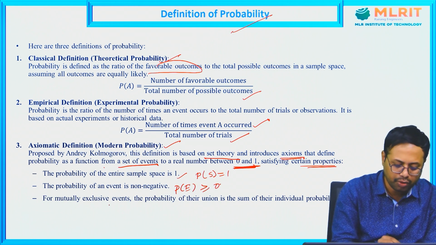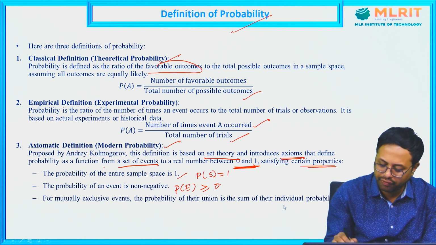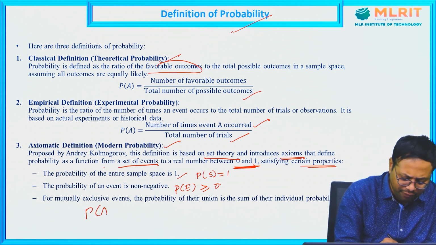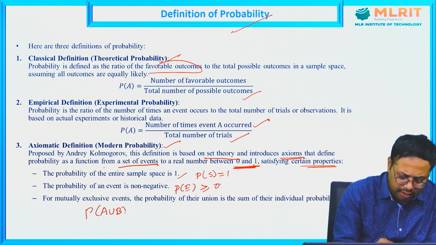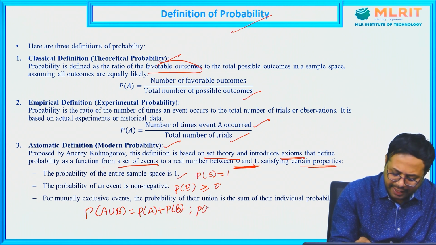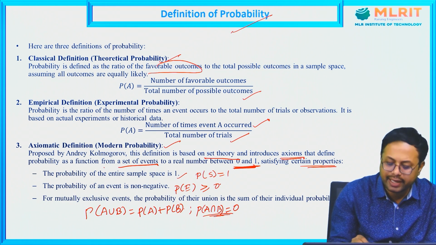Next, for mutually exclusive events, the probability of their union is the sum of their individual probabilities. For example, P of A union B equals P of A plus P of B. In this case, P of A intersection B equals 0 because they are mutually exclusive.